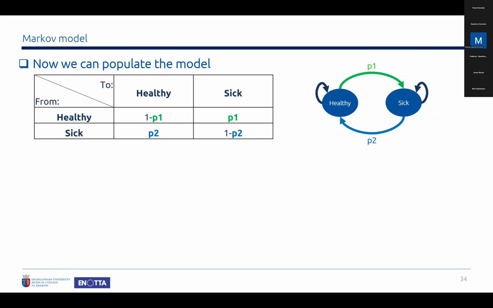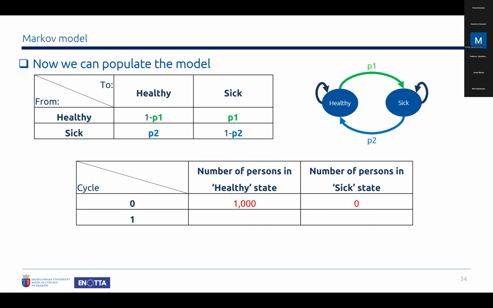We assume some number of patients at the start of the modeling and define the entering state. Here, we have 1,000 people in the healthy state at the start of the modeling. The start of the modeling is often referred to as cycle 0. Then we calculate how many people move to each state during each cycle using the transition probabilities.